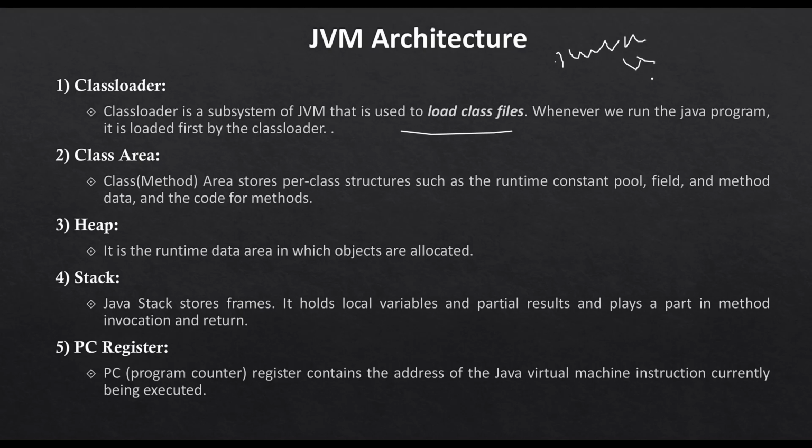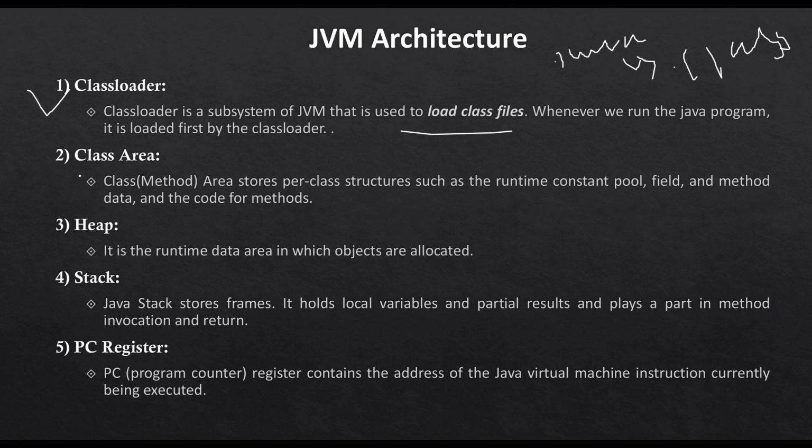After compiling, a new file with the .class extension is created, where the bytecode is stored. I will show this in the next video. This task is performed by the class loader.